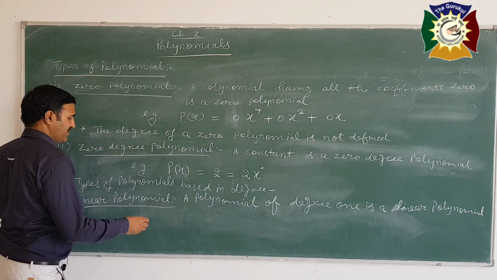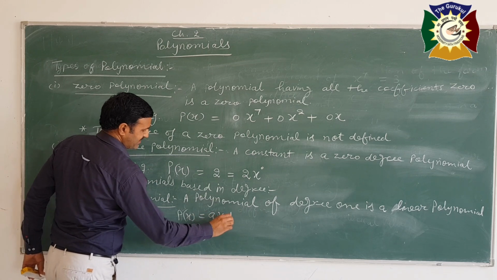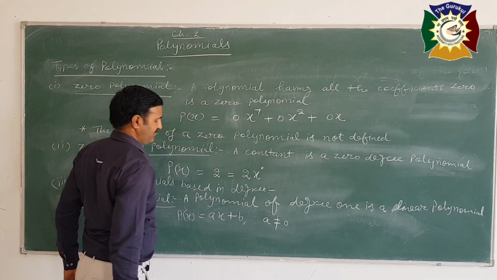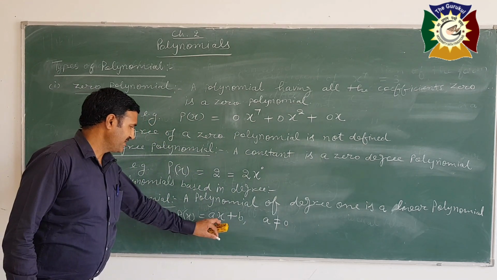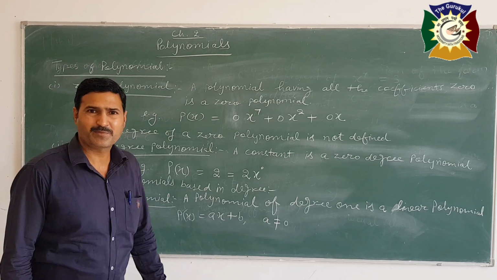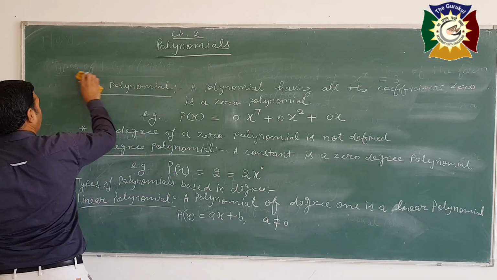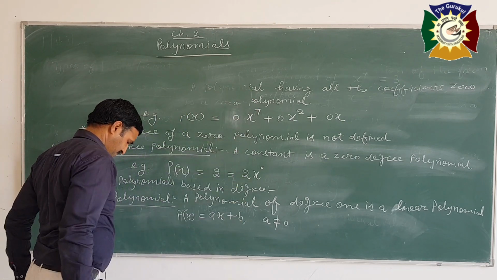And example for this, ax plus b, where a should not be 0. The degree of this polynomial is 1, so this is the linear polynomial. Similarly, some more types based on the degrees.